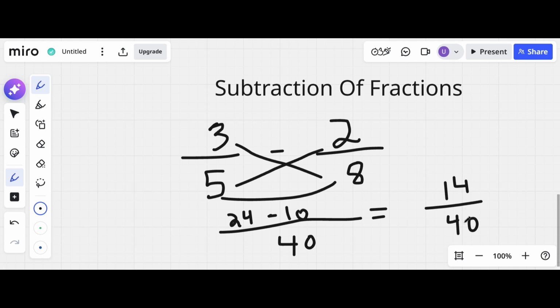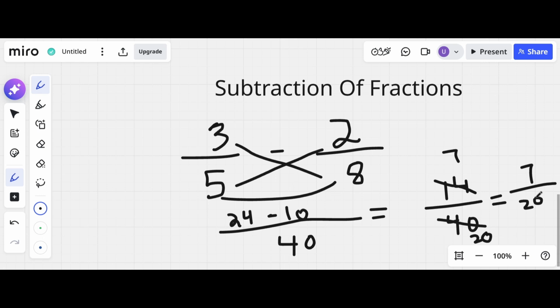The top and the bottom can both be divided by a common number, which is 2. 2 times 7, 2 times 20. So 7 over 20. You guys with me?